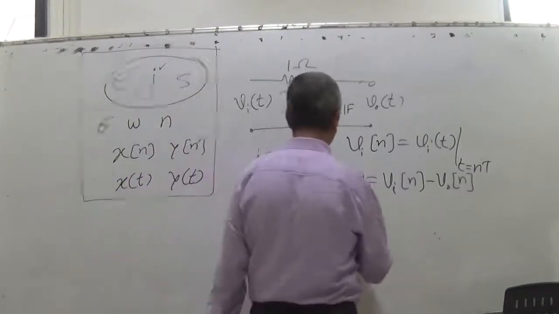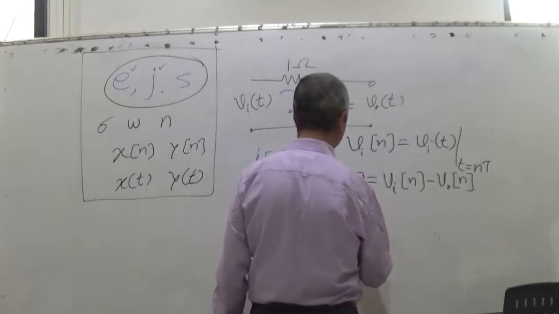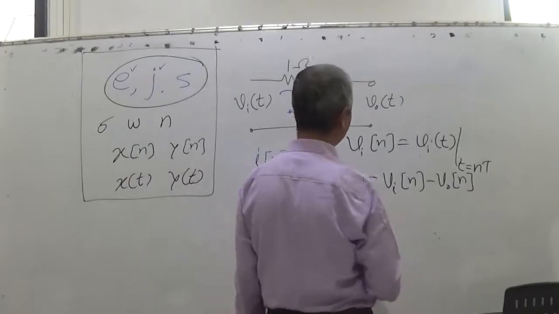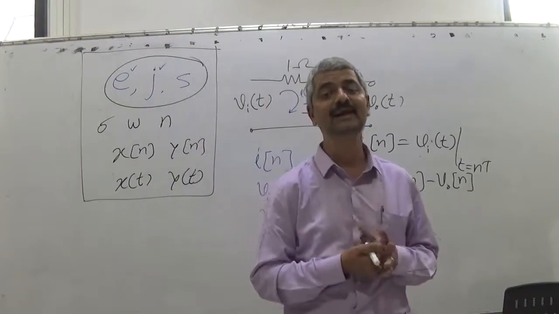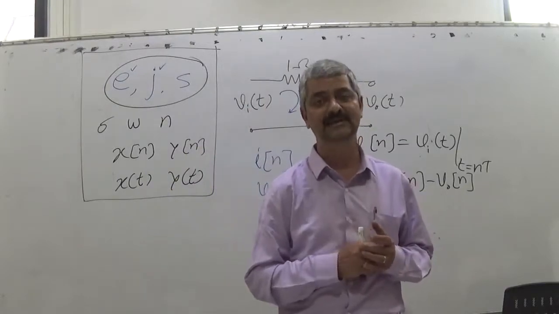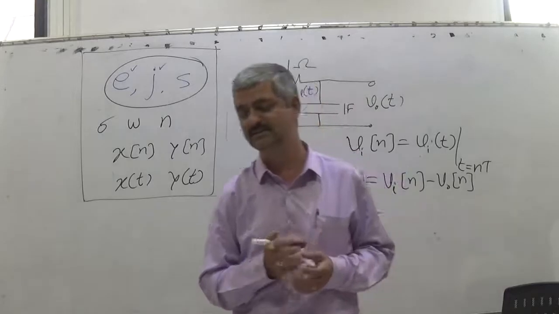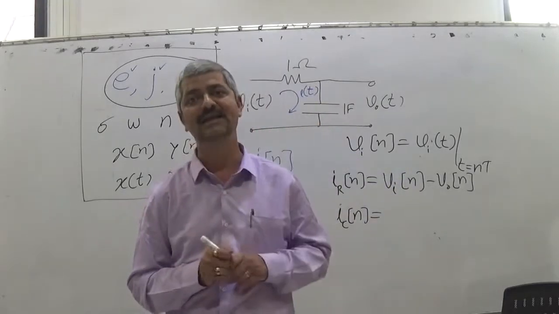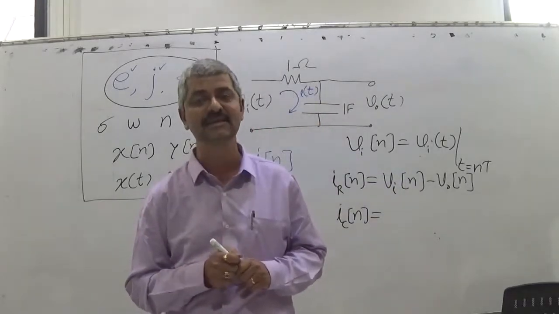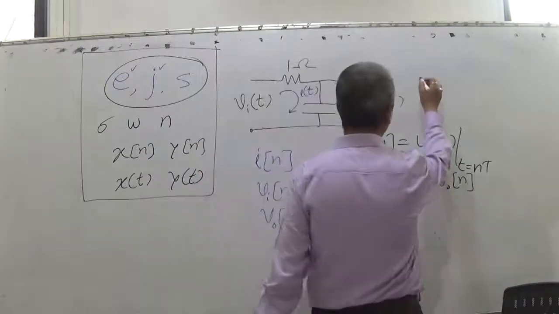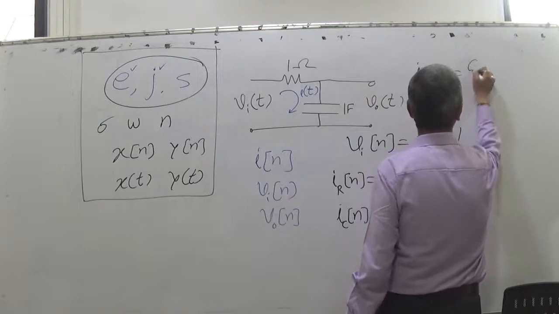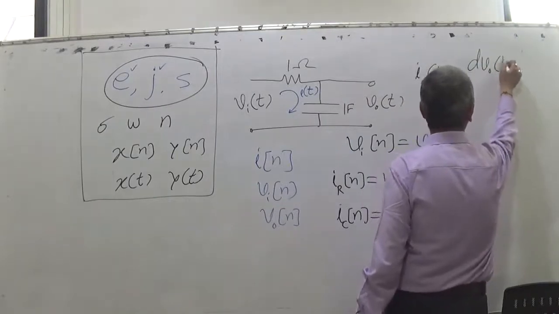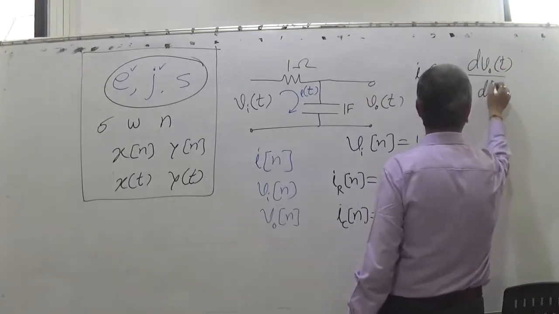What is iC[n]? iC[n] is C dVo(t) by dt. What is C? C is 1. So iC(t) is dVo(t) by dt.